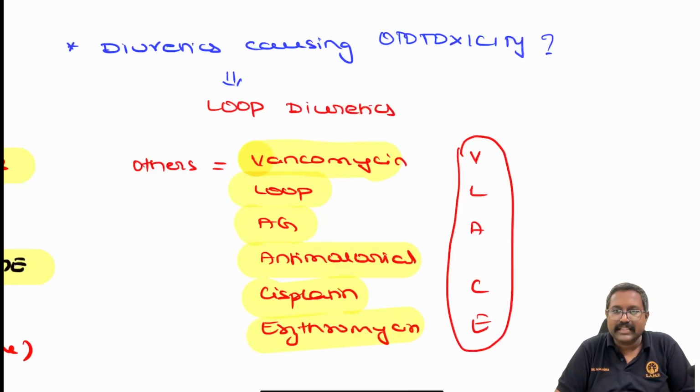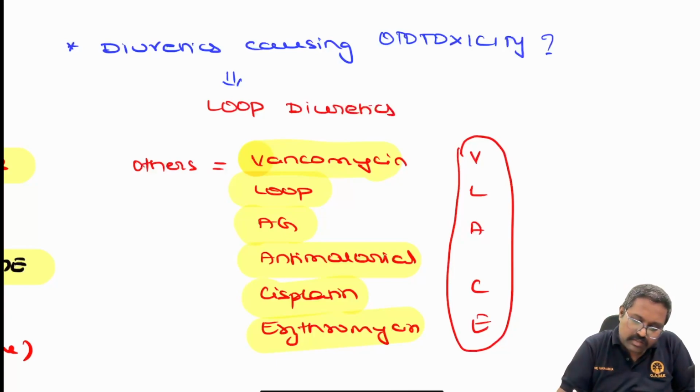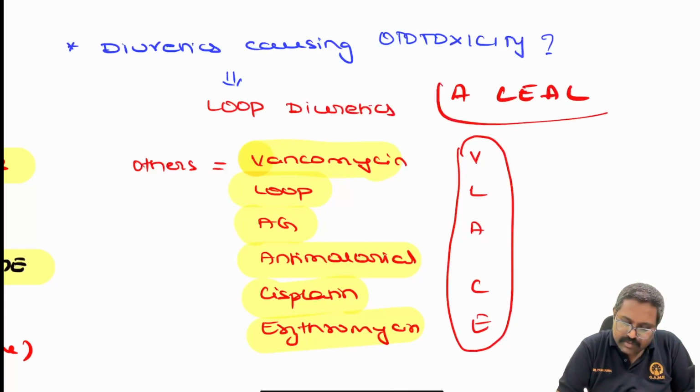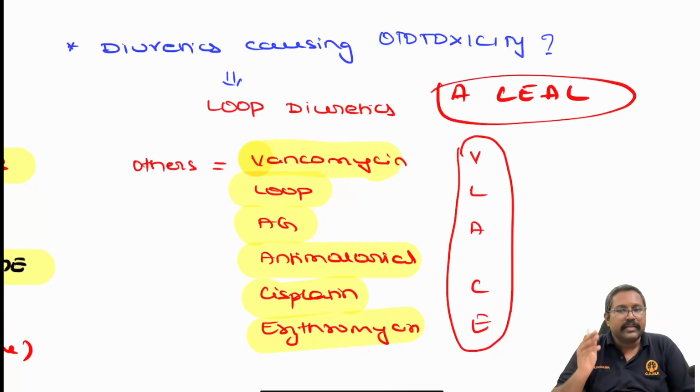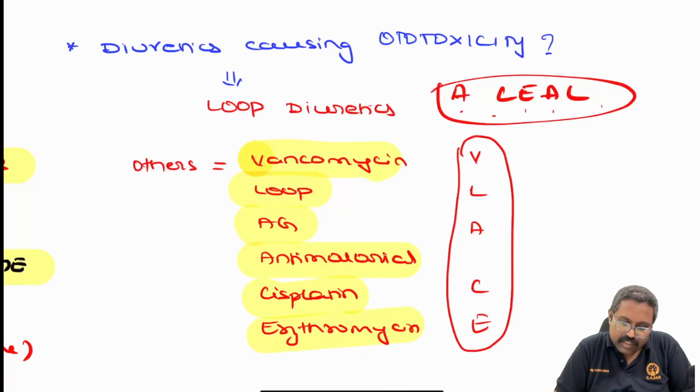You can remember it as ASEL, you seal so that you cannot hear anything because of the toxicity. A stands for aminoglycosides, C for cisplatin, E for erythromycin, one more A for anti-malarial agents, L for loop diuretics.